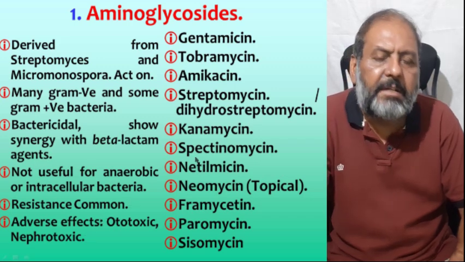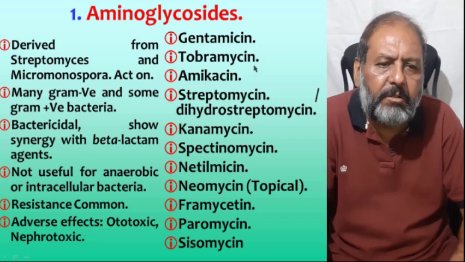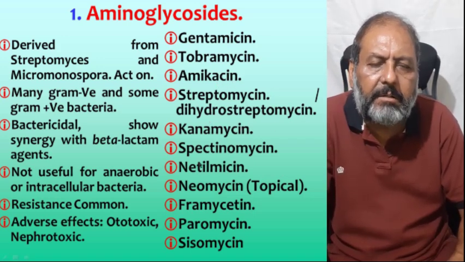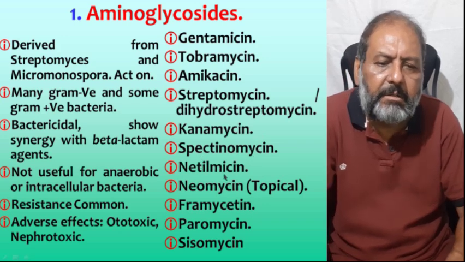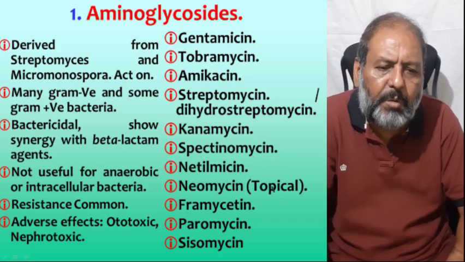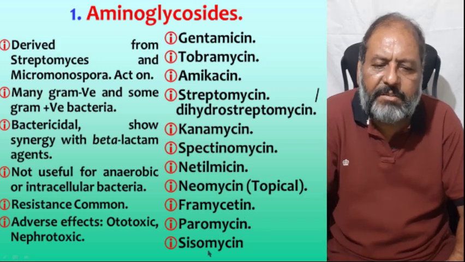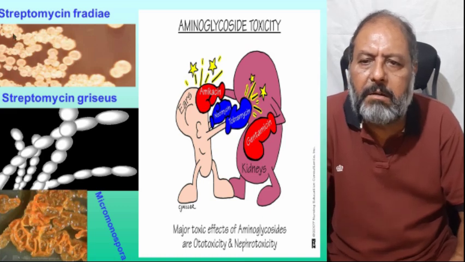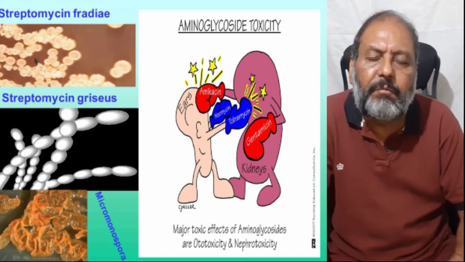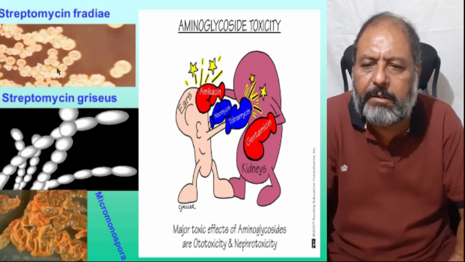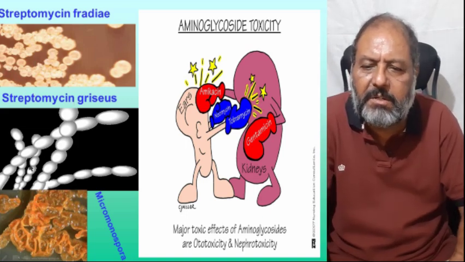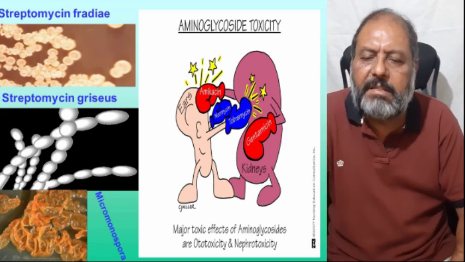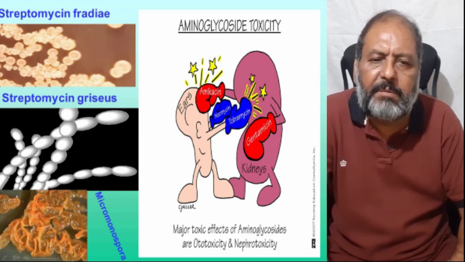The antibiotics in this group are gentamicin, tobramycin, amikacin, streptomycin, dihydrostreptomycin, kanamycin, spectinomycin, netilmicin, neomycin, which is used topically, framycetin, paromomycin, and cycloserine. Here one can see Streptomyces fradiae, capable of making these aminoglycosides, then Streptomyces griseus, and then Micromonospora, which is also capable of making different aminoglycosides.